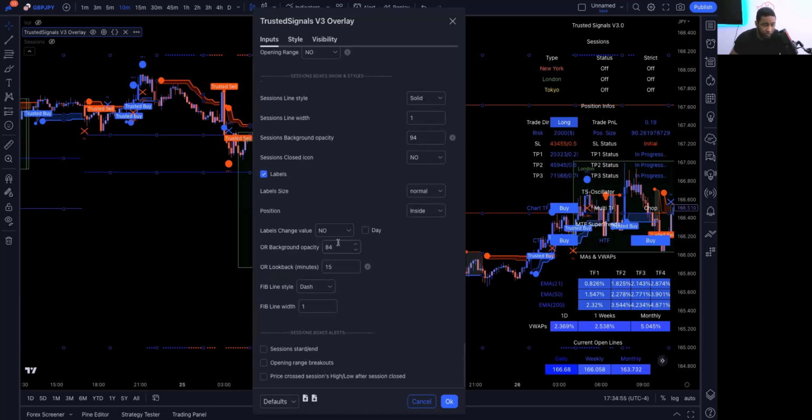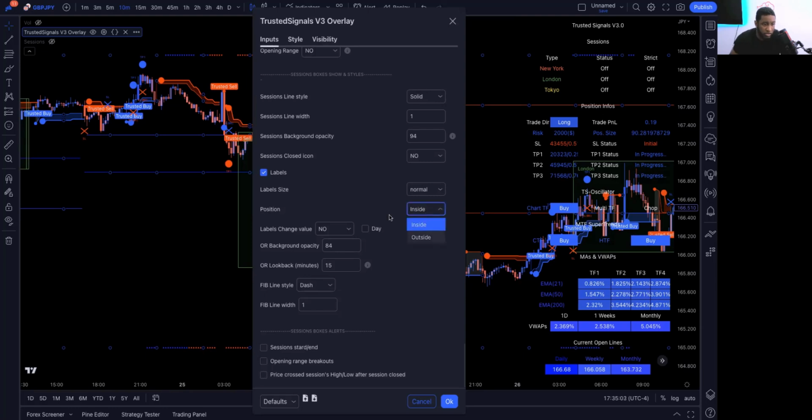You can go down here and then position, close icon, line width, opacity, background, dash, and then you can see the position outside, size label normal. Yeah, session. Yes. And then labels right here. Labels change the pip value for the day.